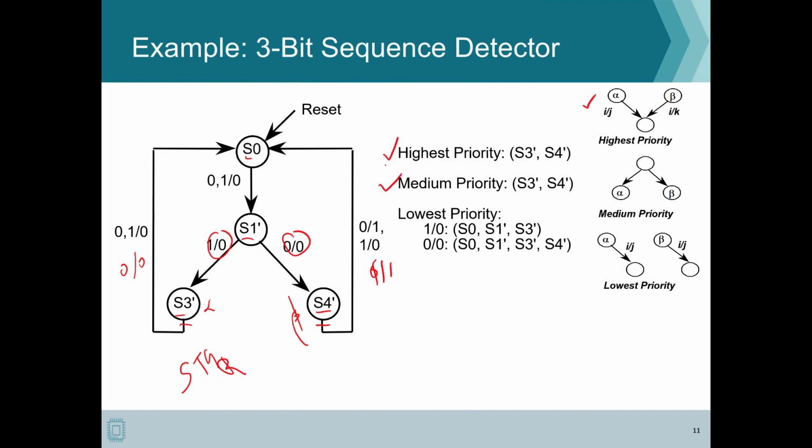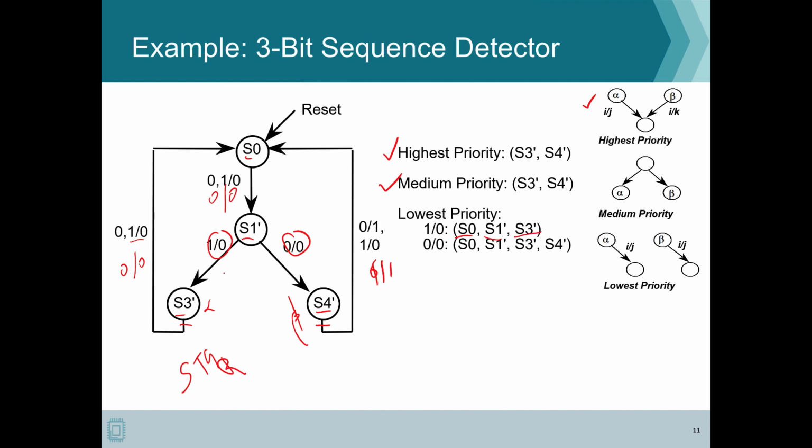Then similarly, all other instances, like S0 and S1, which has 0 0, and S0 with S3, which has 0 0. So we have S0 and S1, and S0 and S3.